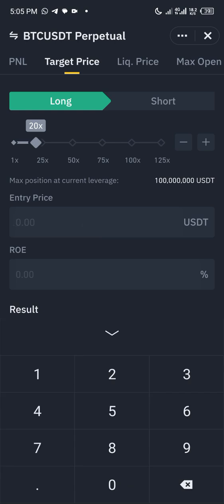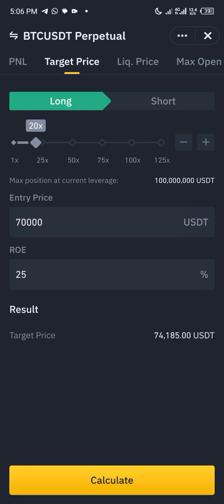If I click on that entry price now, let's say I want to enter when Bitcoin is $70,000, and this ROE is, let's say I want to earn maybe 25% increment. If Bitcoin has risen up to 25%, let me now click on calculate.